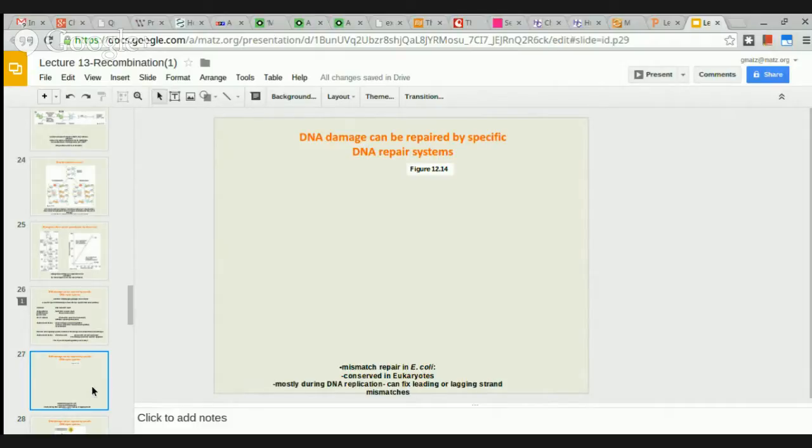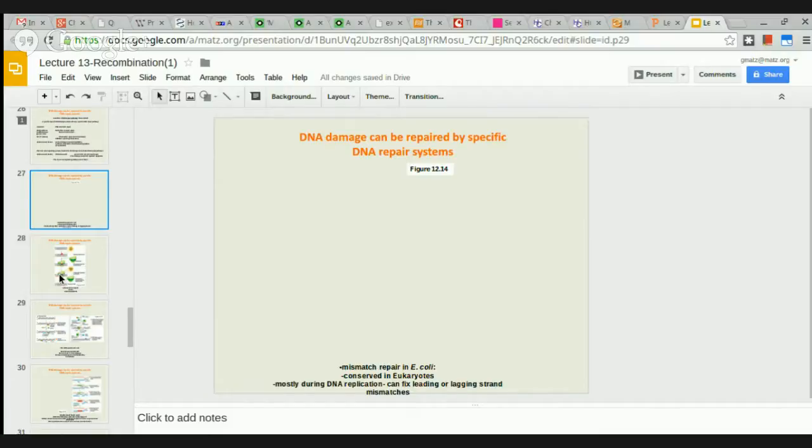And at the end of that round of DNA replication, the newly made strand is then methylated. Okay, so in E. coli, the mismatch repair system will replace specifically the newly made strand because it can recognize it as the unmethylated one.